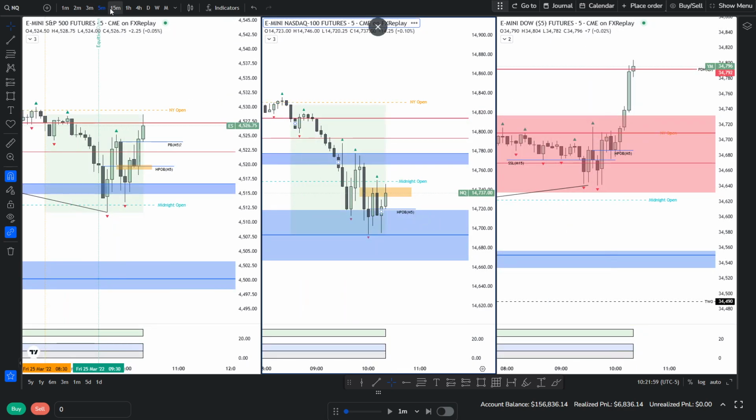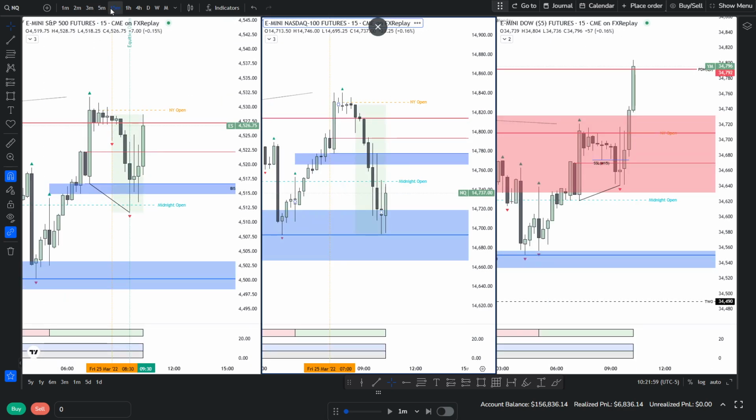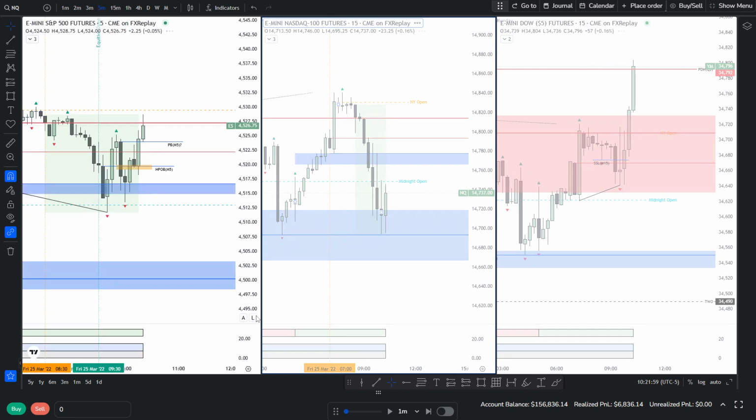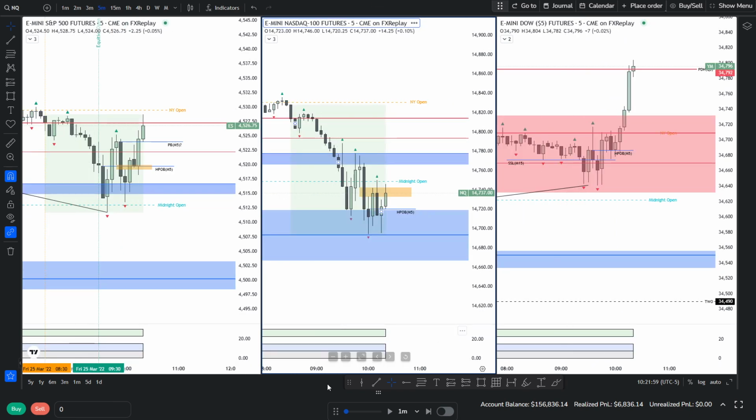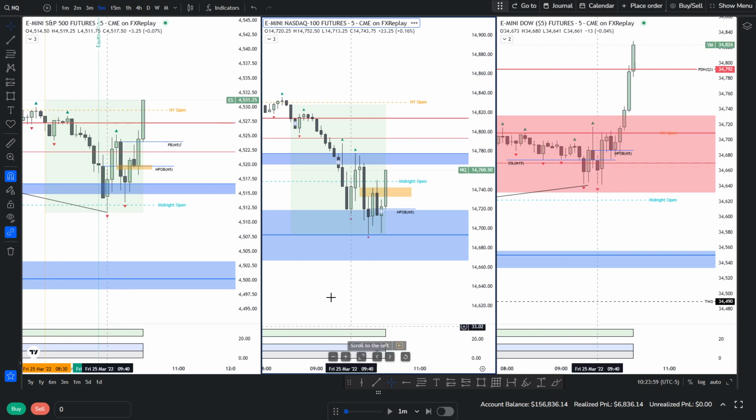Let's just go to the M15 a second. Is that clearer? Potential M15 order block here. Order block's already been confirmed on ES. Waiting to see what happens on NQ. Okay, that's kind of surprising.